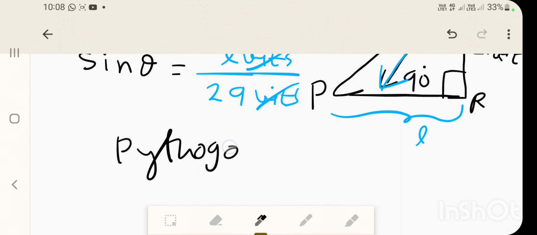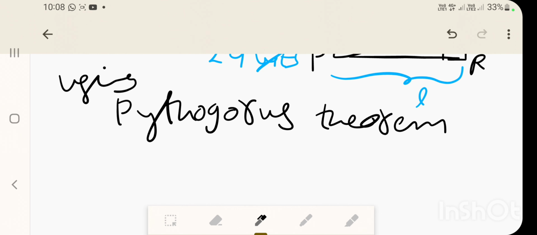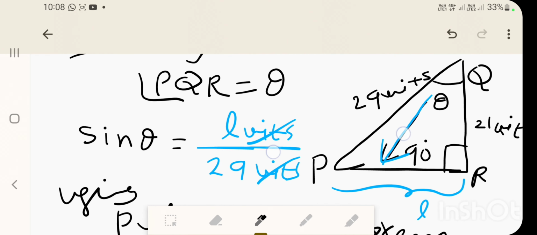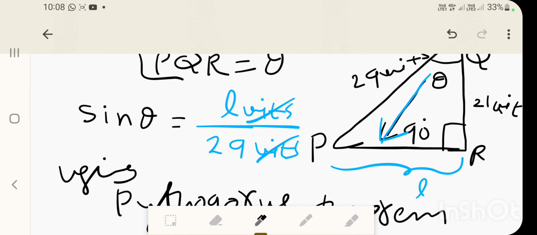Pythagoras theorem states that the square of the length of the hypotenuse is equal to the square of the length of the adjacent side plus the square of the length of the opposite side.